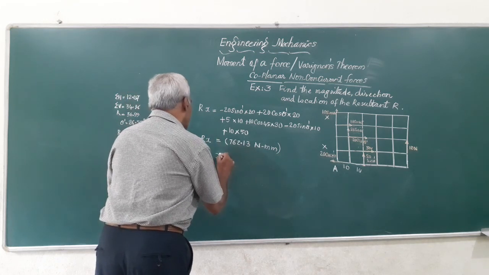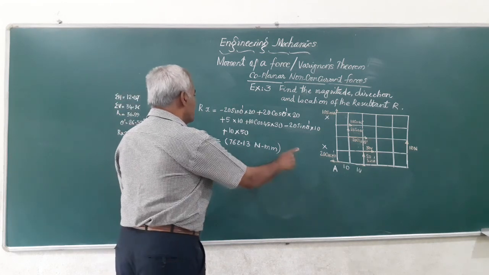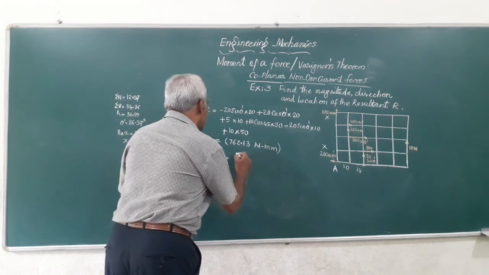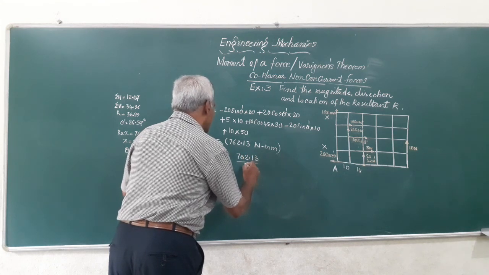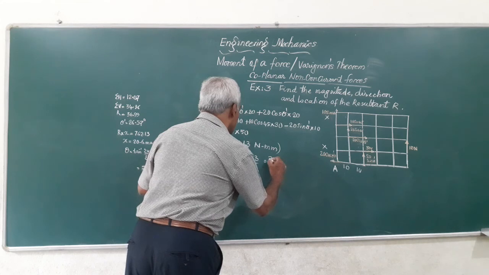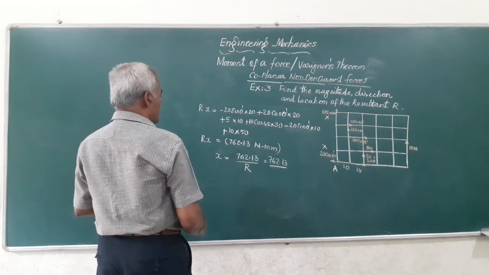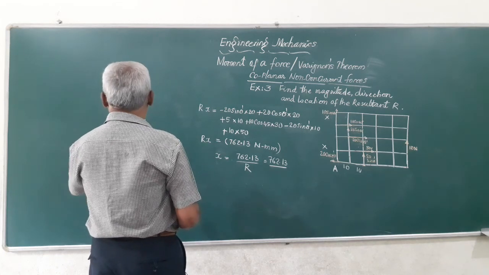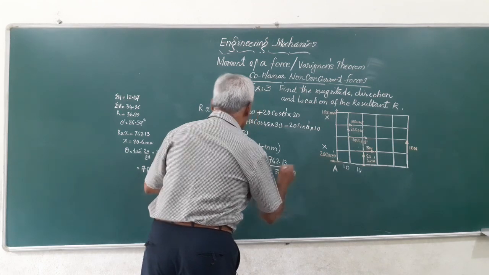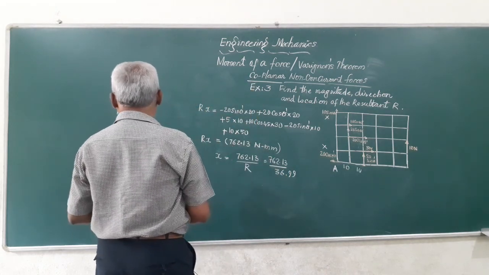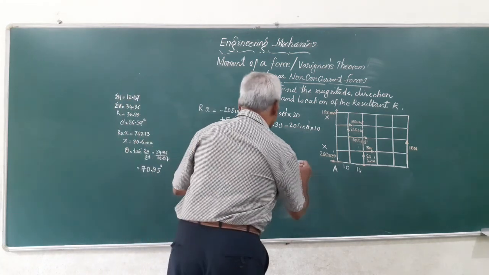We are interested in finding out the x, the location of the resultant from the point A. So that is given by 762.13 divided by the resultant value, 36.99 Newton, and this works out, friends, to 20.6 mm.